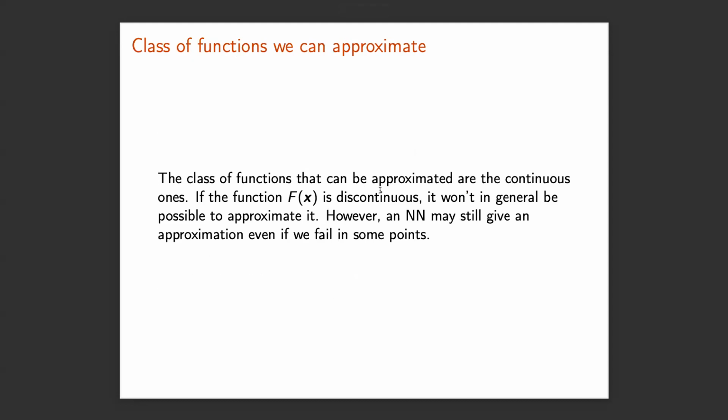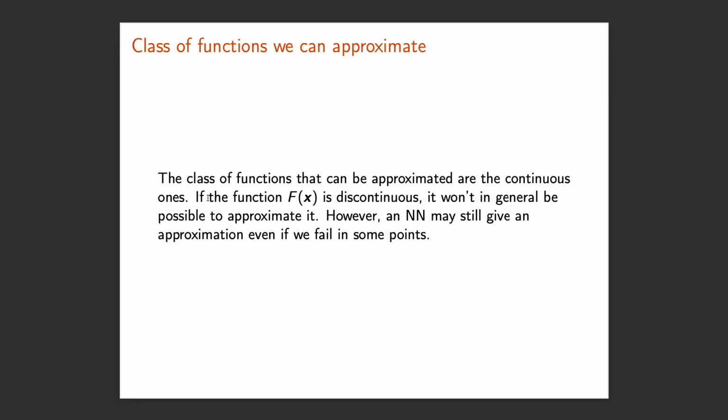There's a class of functions in the theorems that can be approximated, continuous ones, but we also tend to apply them to non-continuous functions. Sometimes we have no idea, we just apply it. Sometimes you will see statements in the literature that we used these neural network parameters and got an excellent reproduction, but we don't know why.